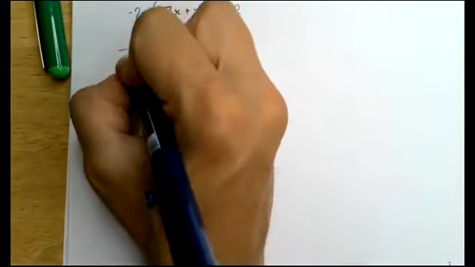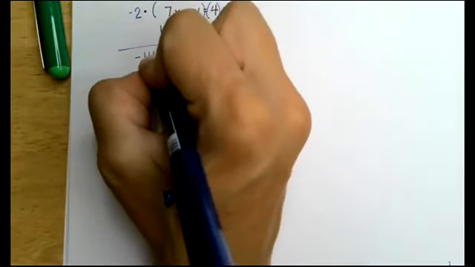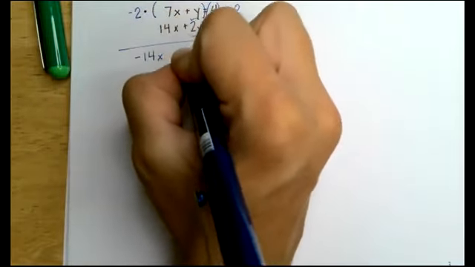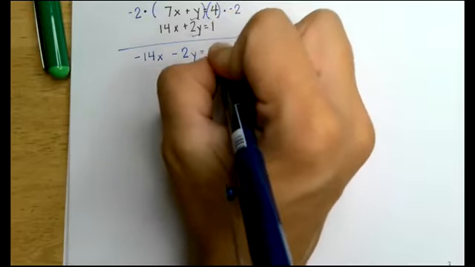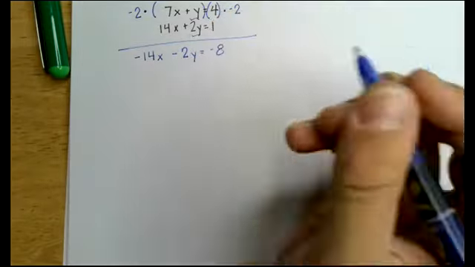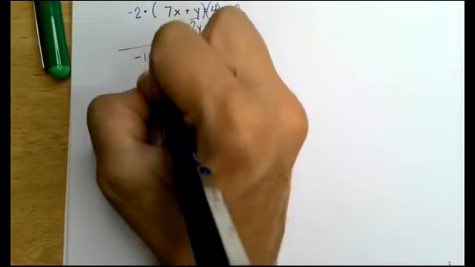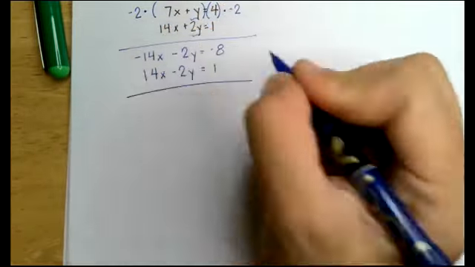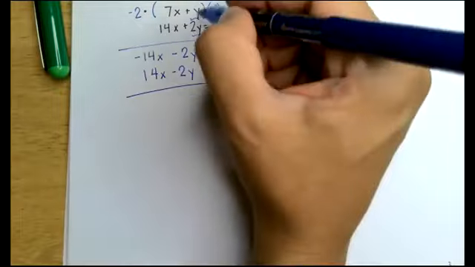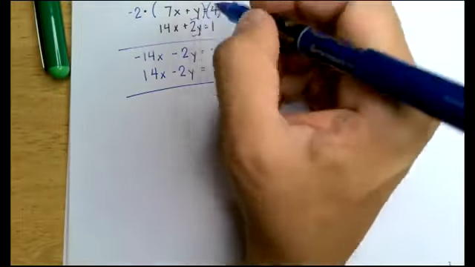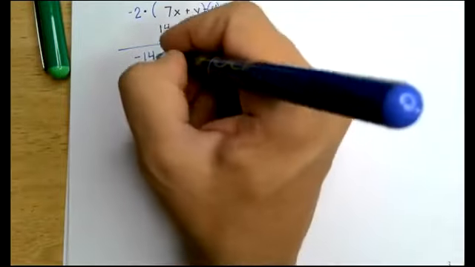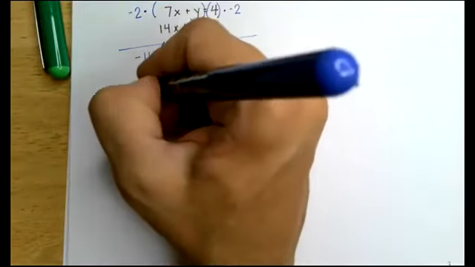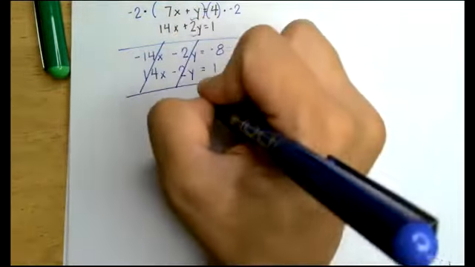So now I have -14x minus 2y equals -8, right? And this one stays the same. 14x minus 2y equals 1. Oh no, I only wanted to eliminate y, but I inadvertently also eliminated the x.